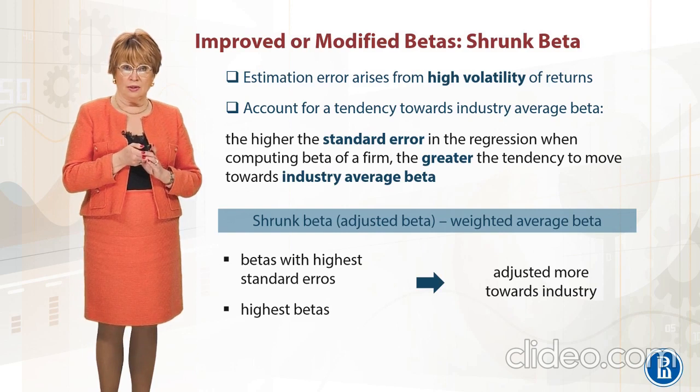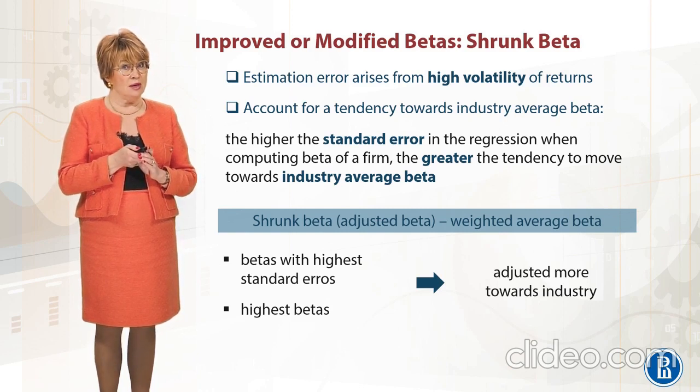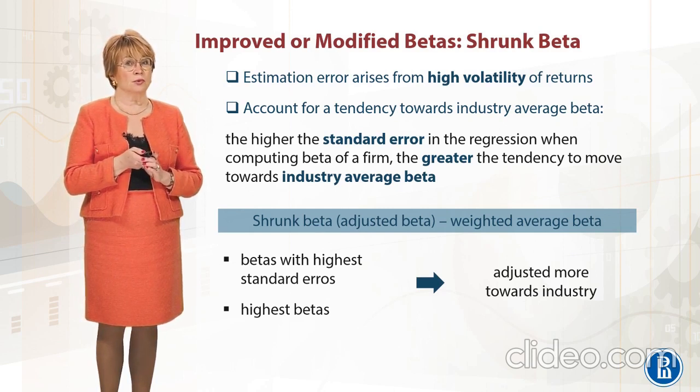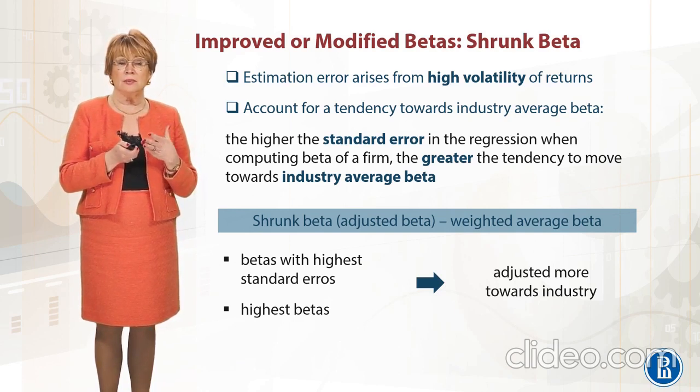So the research in CAPM, in capital asset pricing models, shows that there is a tendency towards industry average beta. And based on that idea, the researchers introduced so-called shrunk beta or adjusted beta. And they prefer to introduce the adjusted beta as weighted average beta.